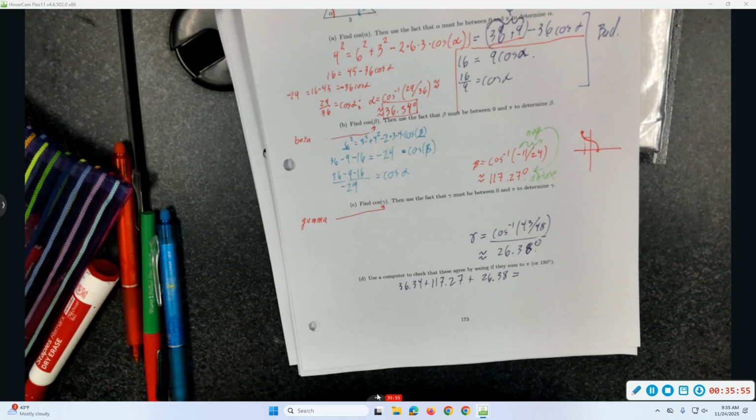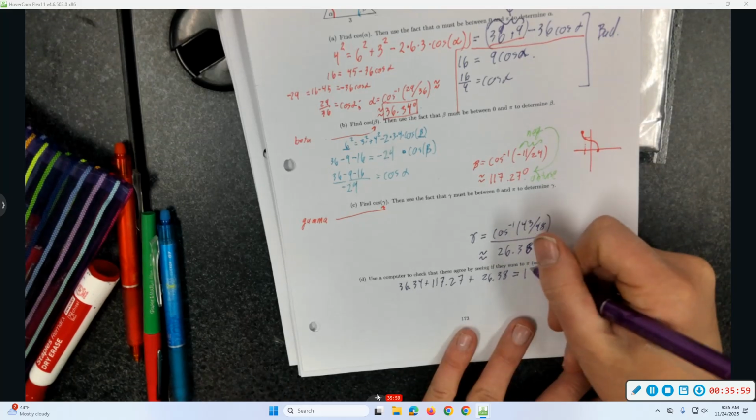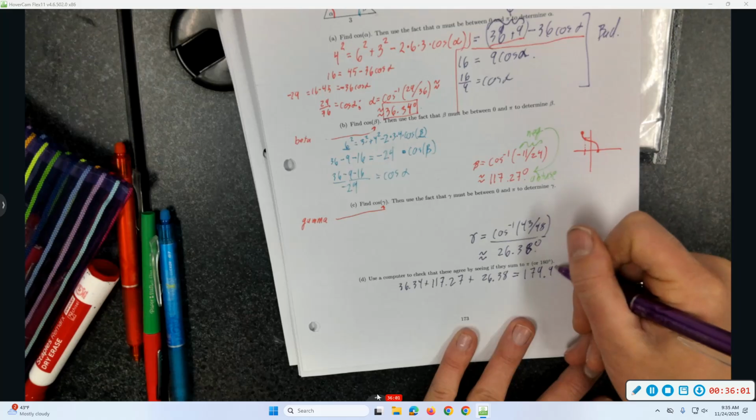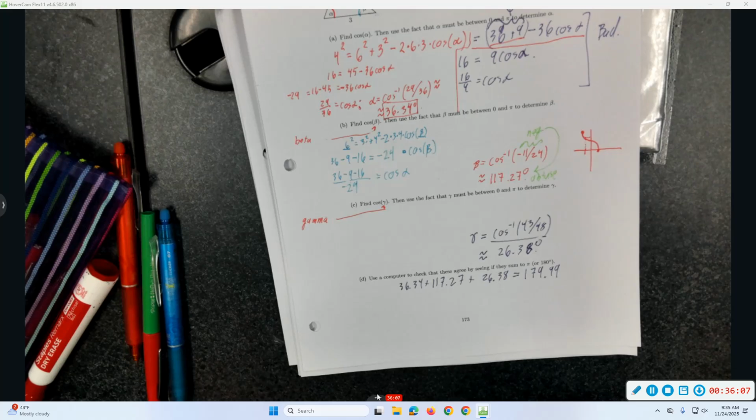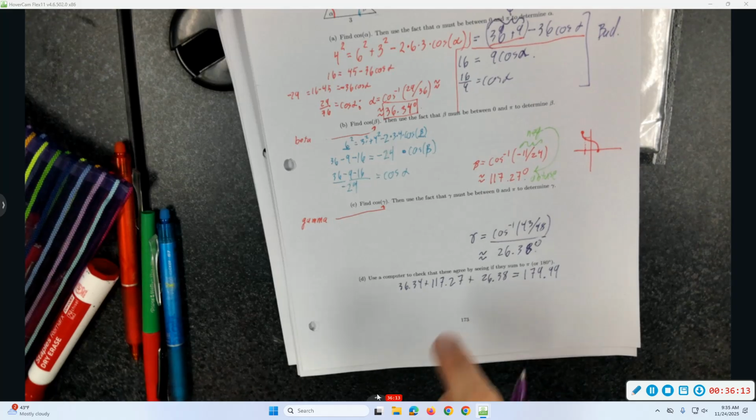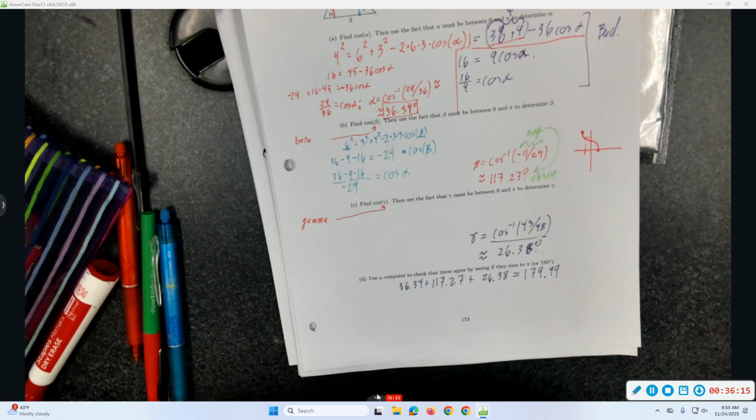So what do you get when you add those up? 179.99. Do I hear a second for that same total? Oh, cool. That's not exactly equal to 180 degrees. Is that bad? Well, these are not exactly equal to the angles, right? When you use approximations, maybe you'll be off.